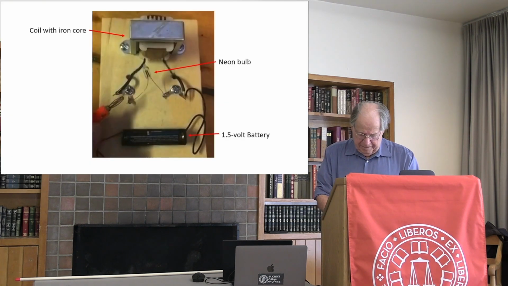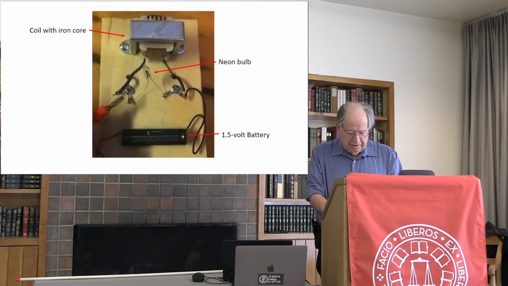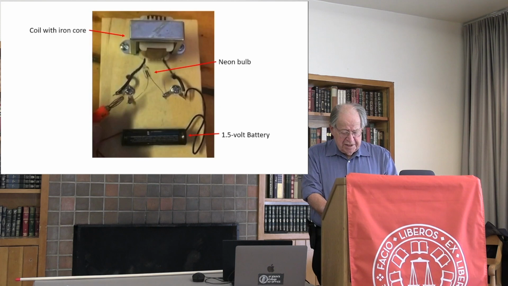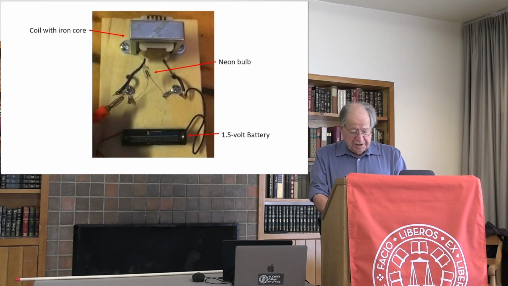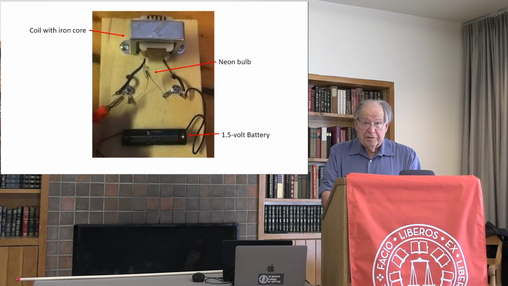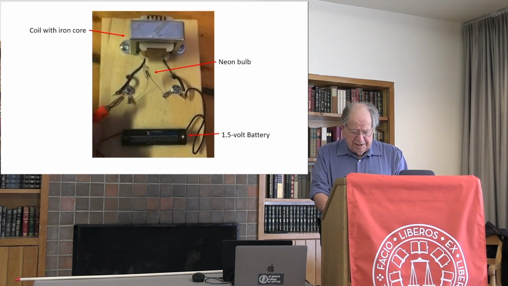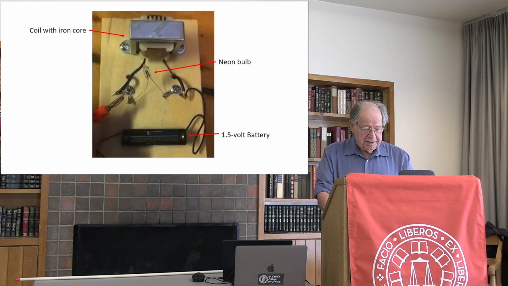An especially dramatic example is this one, patterned after experiments in Faraday's 9th series. The device at the rear of the board consists of several hundred turns of copper wire wound about an iron framework. I have connected a small neon bulb across its terminals.